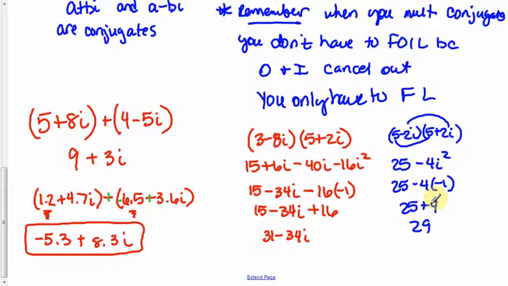It will every time. So you can do a squared plus b squared. If this is a minus bi and a plus bi, your answer will always be a squared plus b squared. And you don't have to show any work, really. But that's just for those of you who are comfortable with that. Okay?